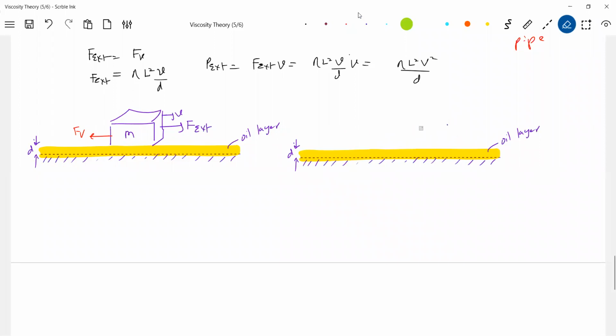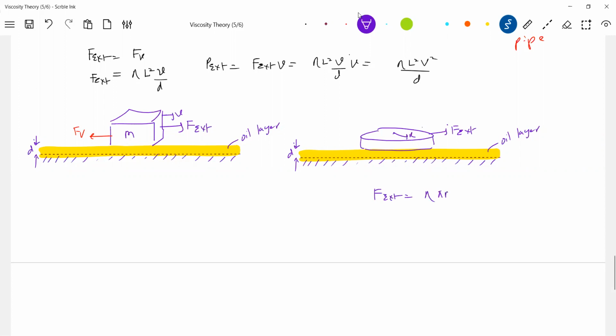Tell me how much external force I should apply. So what is the circular disk here? What external force I should apply? Then F external equal to eta.